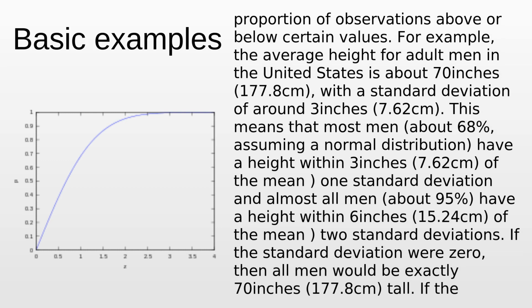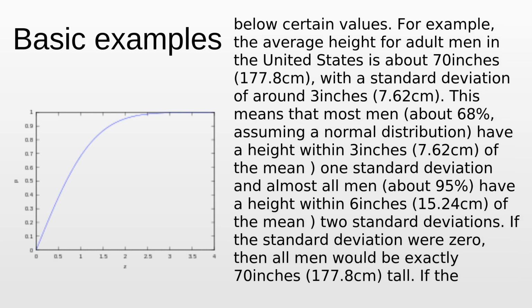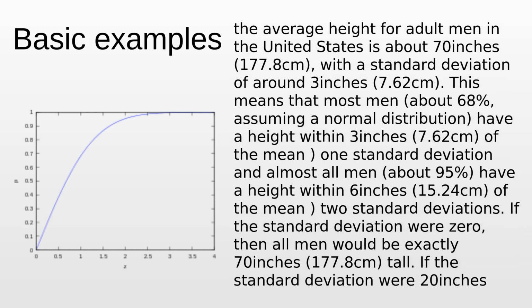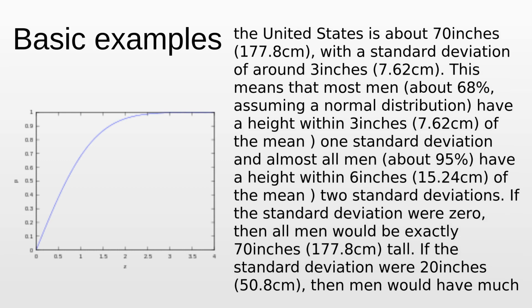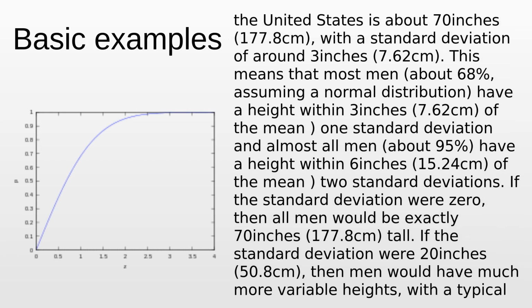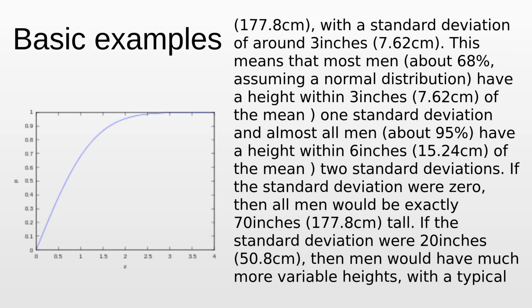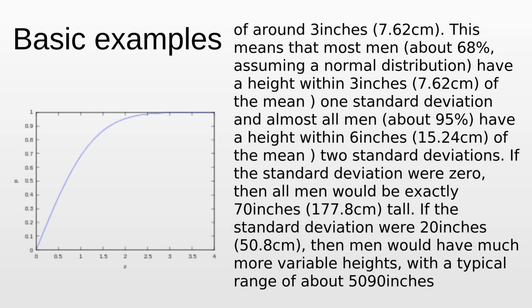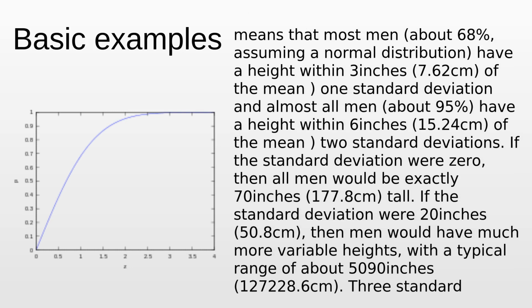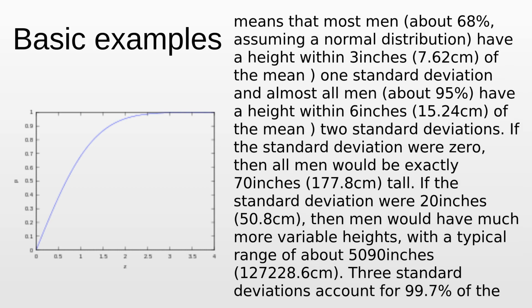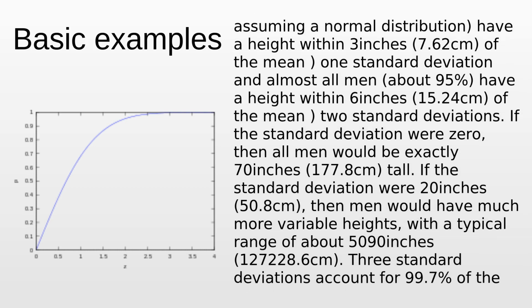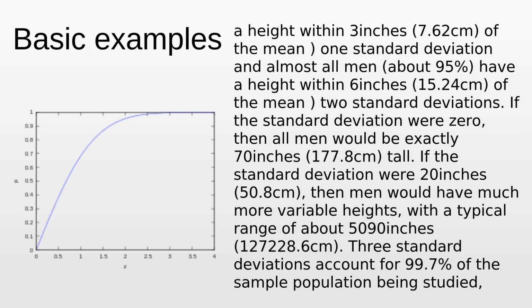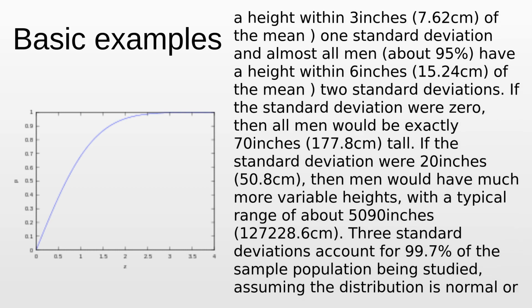This means that most men, about 68%, assuming a normal distribution, have a height within 3 inches, 7.62 centimeters, of the mean (one standard deviation), and almost all men, about 95%, have a height within 6 inches, 15.24 centimeters, of the mean (2 standard deviations).